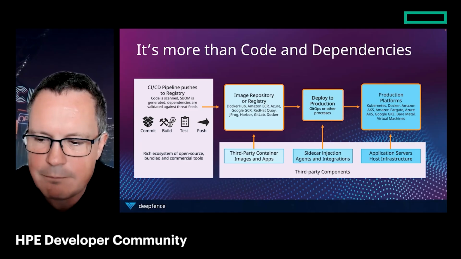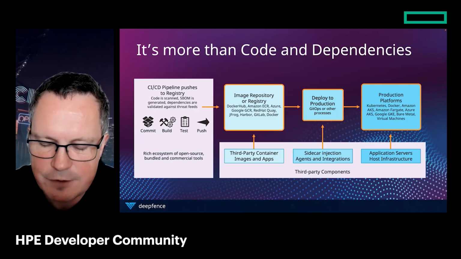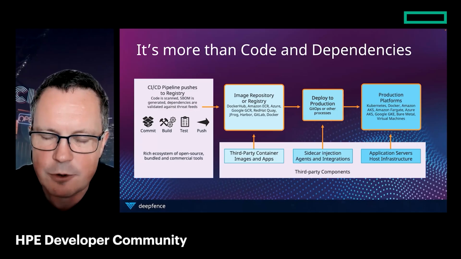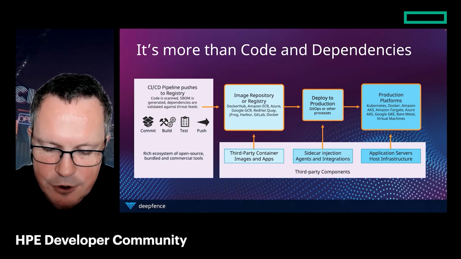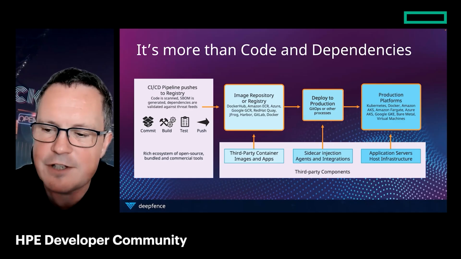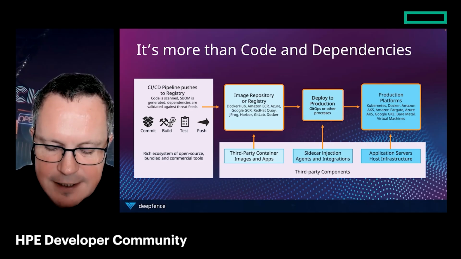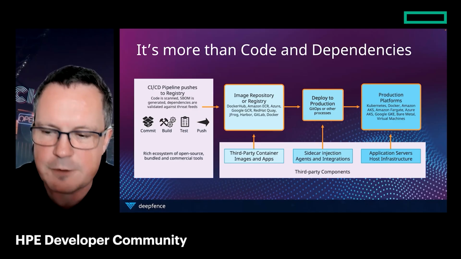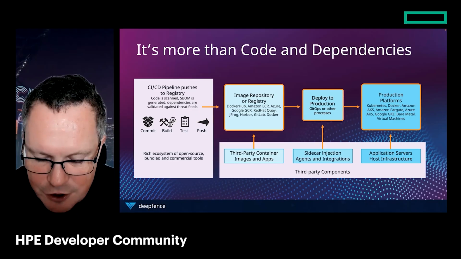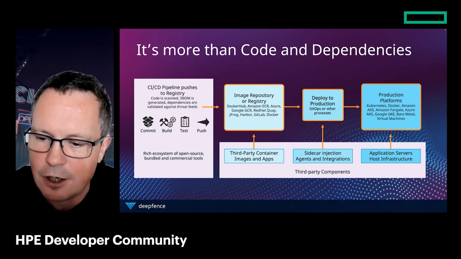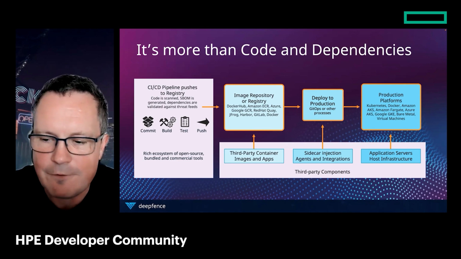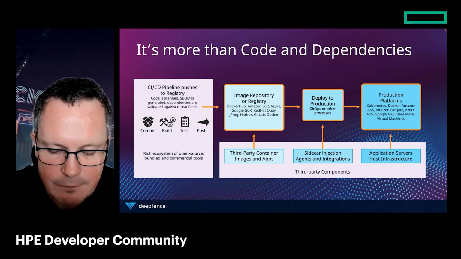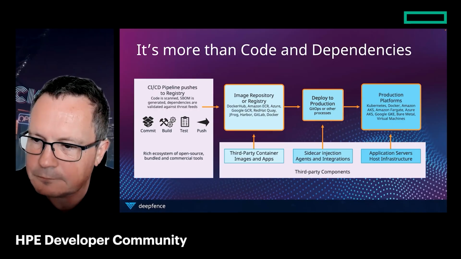Your ops team may want to inject agents and various integrations in order to add logging, visibility or metrics tools into production workloads. They may have additional policies that extend or change those workloads by adding integrations. If you're using a service mesh or other kinds of technologies, you may find that those inject sidecars into production workloads.